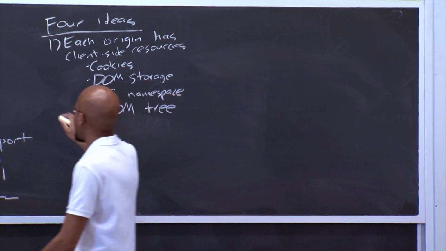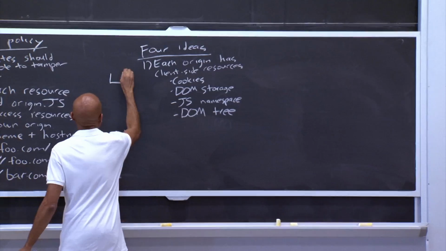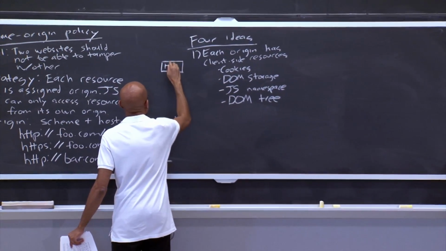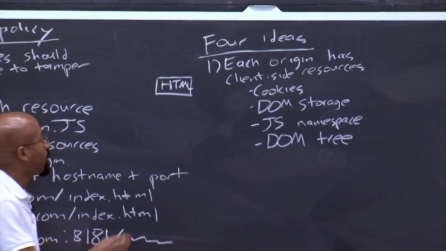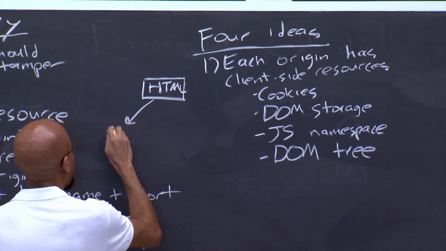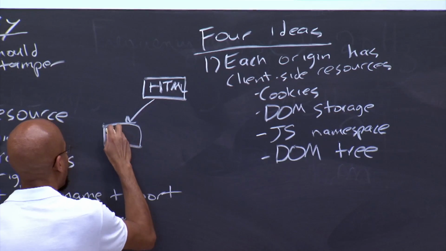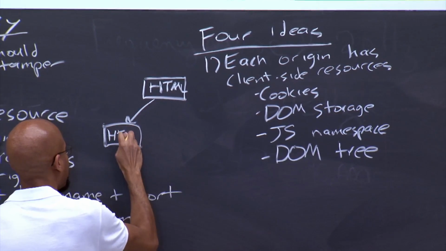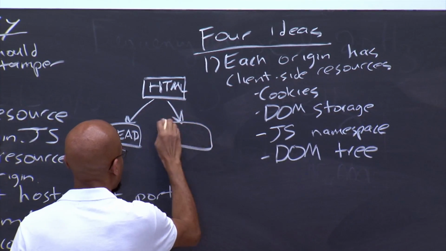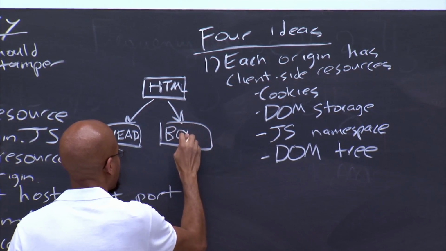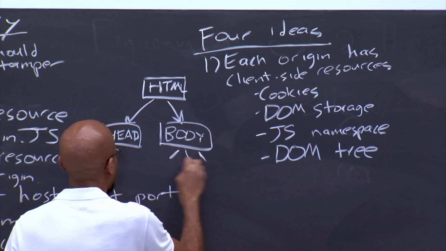So you can imagine that the DOM tree has a node for the topmost HTML node in the HTML, and then it's going to have a node for the head tag. Then it's going to have a node for the body tag, right?